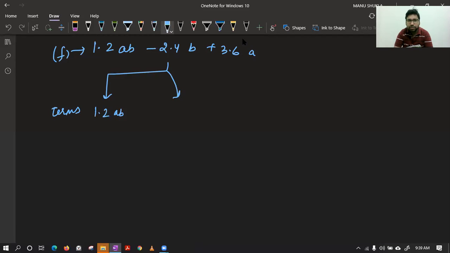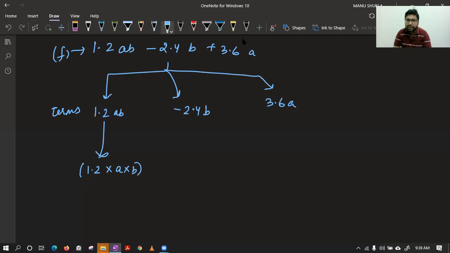The second term is minus 2.4 B, and the third term is 3.6 A. Now we have to find the factors. For factors, we try to understand from where this 1.2 AB came. It came from 1.2 into A into B. Is it correct, class? Please tell me.